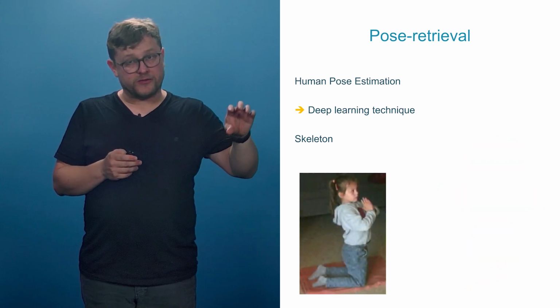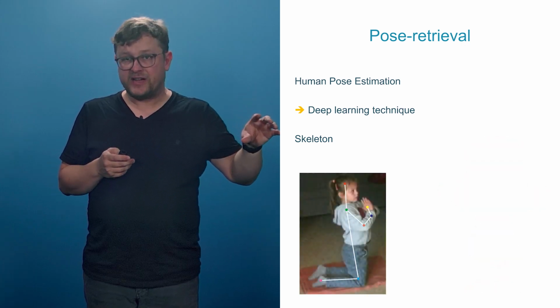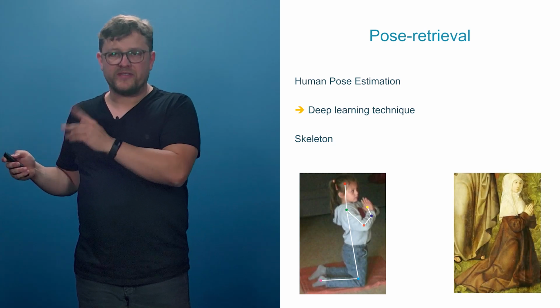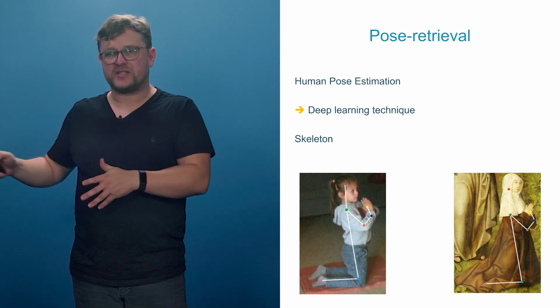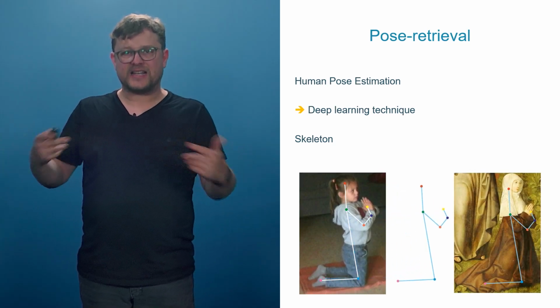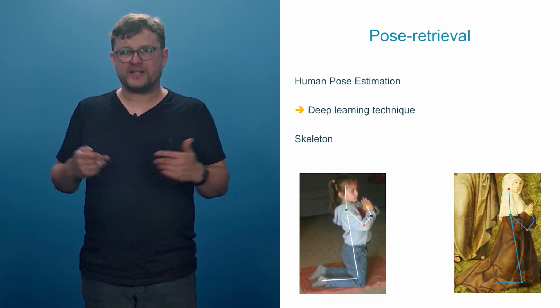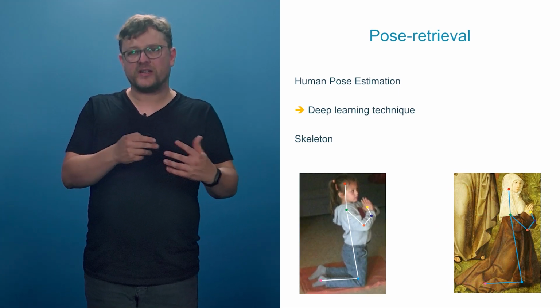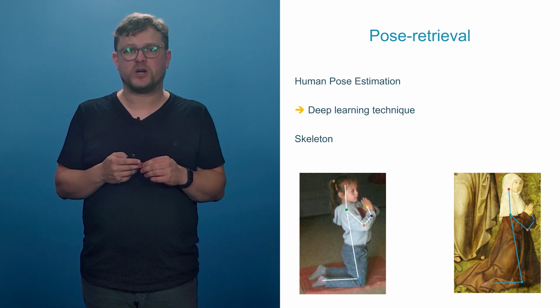That model will do that for my daughter in a live fashion, and will do that on an art collection one time previously. You can do that to pre-process that, and then compare the skeletons with each other and find the most similar skeletons and show them as a result for the retrieval operation.